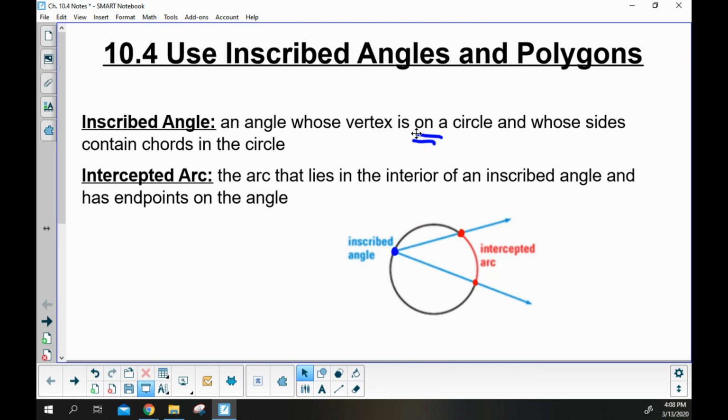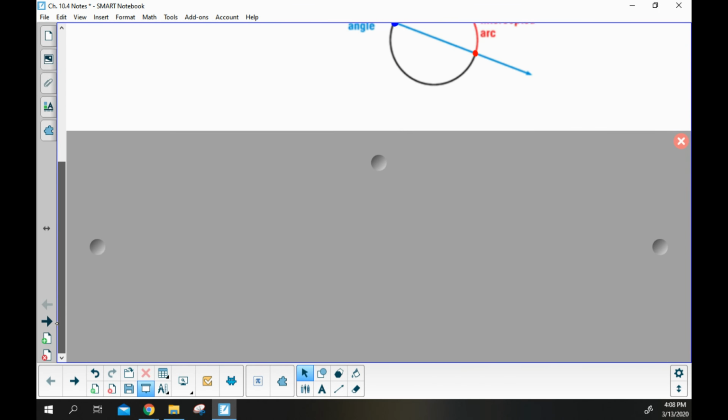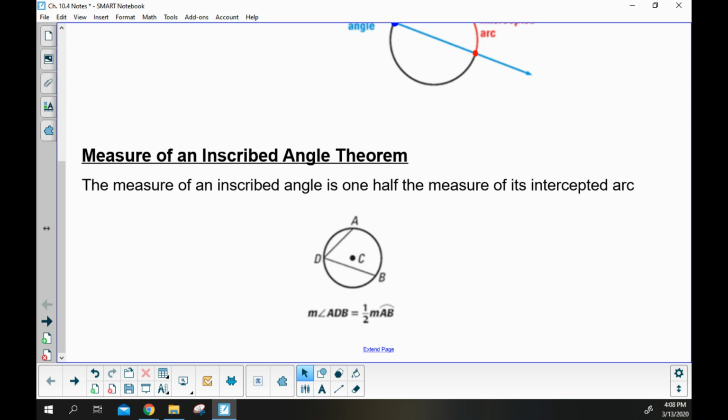Central angles do the same thing. They intercept the arc and they create that minor arc. Inscribed angles will create an arc as well, an intercepted arc, not necessarily minor. All right. From there, how do we find the measure of it?